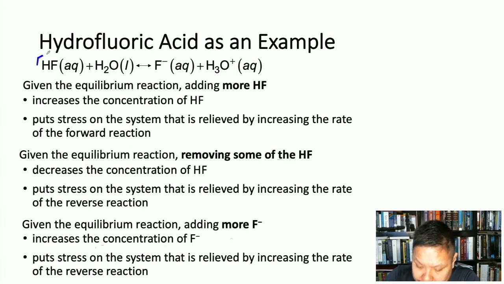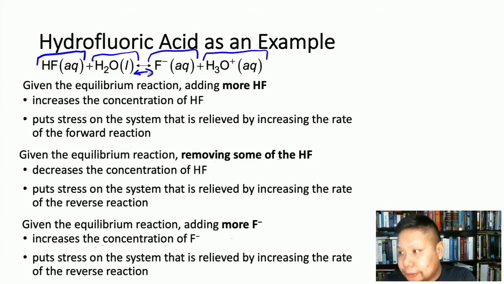We have hydrogen fluoride combining with water, right? And we get the fluoride ion and the hydronium ion, right? And of course, again, this is a reversible reaction because they're going back and forth between the two at equilibrium, right?